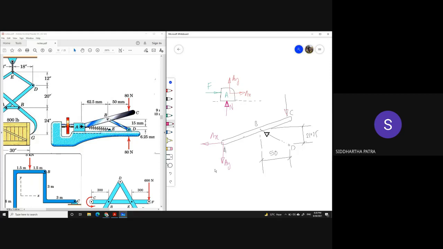So all of these forces keep the object in equilibrium.